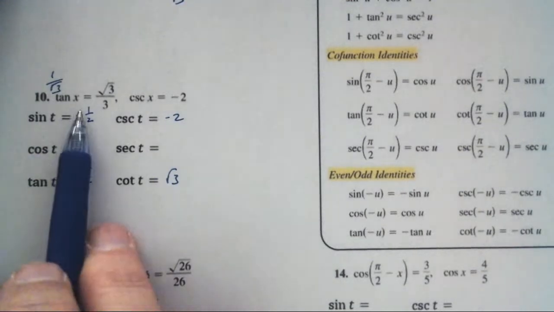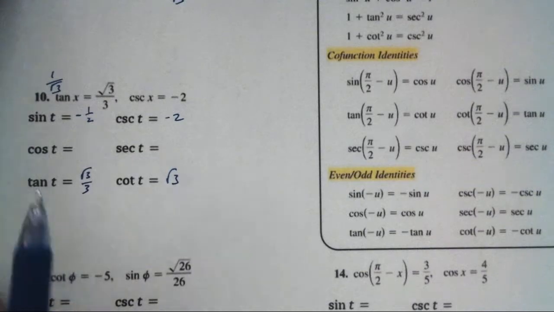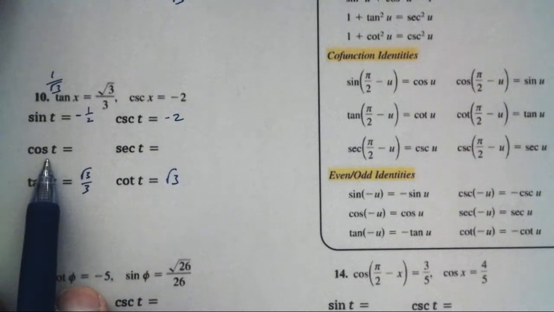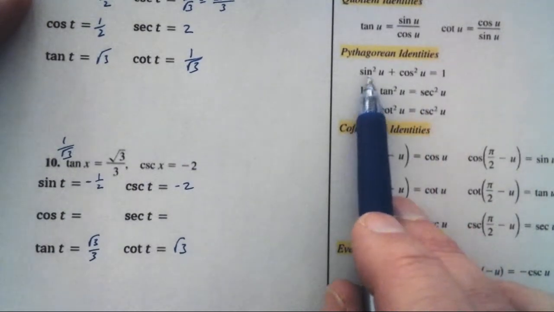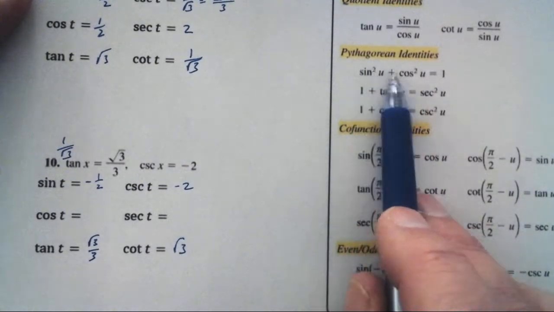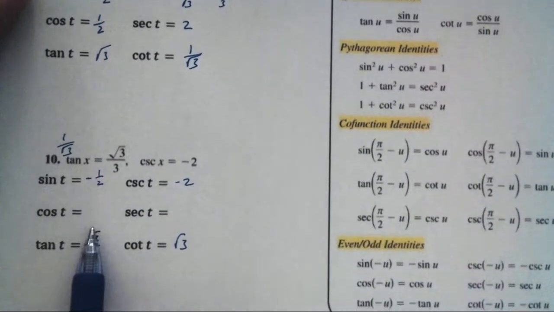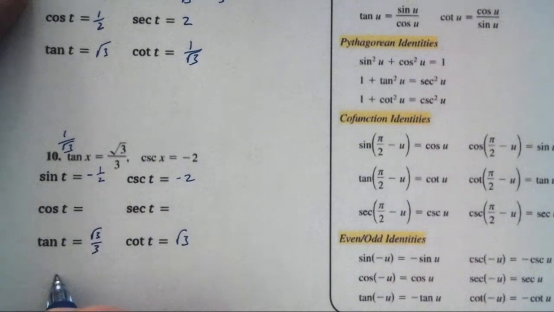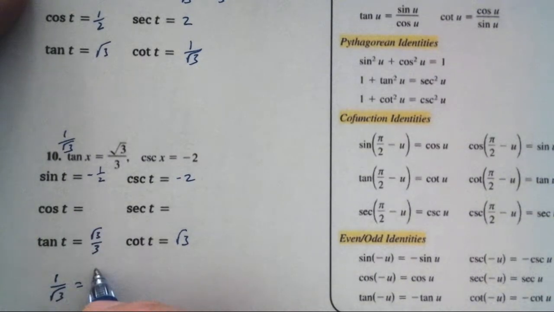And now I'm going to go back to my relationship between sine and cosine and tangent. We could also go with our relationship with sine and cosine here. We could use this, and we could say sine -1/2 squared plus cosine squared equals 1 and solve for cosine. But I'm going to use my tangent relationship, which says tangent 1 on square root of 3 equals sine -1/2 divided by cosine of x.